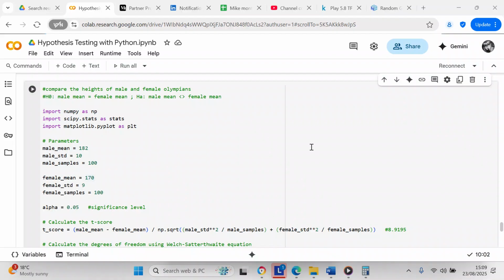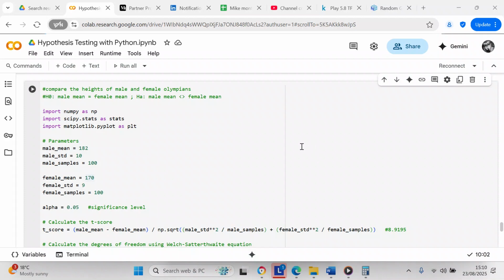We're going to import scipy.stats as stats. So scipy is Python's scientific library, and stats is a statistical module within scipy. And then we're going to import matplotlib.pyplot as plt, which is a visualization library.